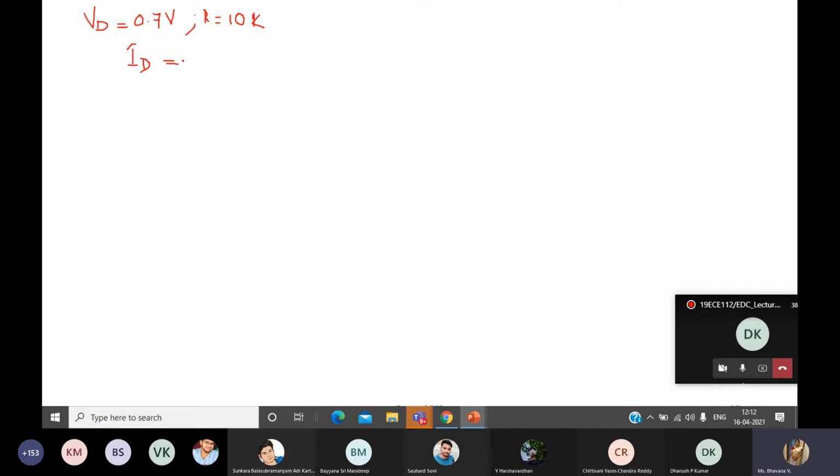ID will be equal to VDD minus the drop across the diode divided by R. VDD is 10. So 10 minus 0.7 divided by 10K, which is equal to 0.93 milliamps.